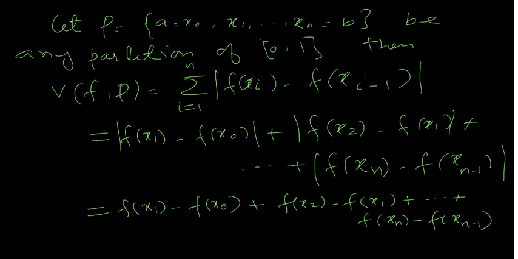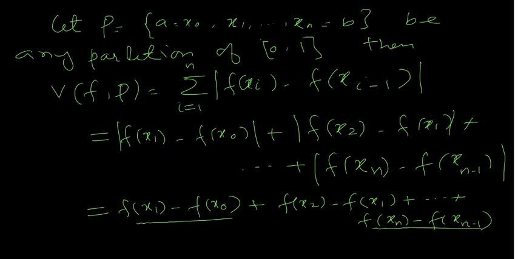This f of x2 will go with the next term, because the next term will be f of x3 minus f of x2. So there is minus f of x2, and here it's a plus f of x2, and these two terms will go. You will see each term will go, but only two terms remain: the second term of the first difference and the first term of the last difference. So in this sum we have only two terms, minus f of x0 and plus f of xn, and the rest of the terms will cancel out.